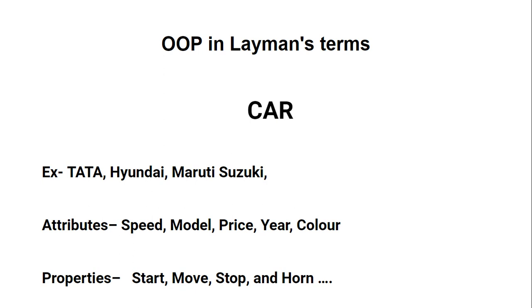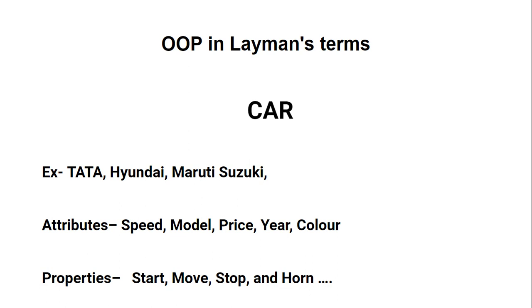The objects are Tata, Hyundai, Maruti Suzuki. And what are the attributes and properties? That means, what are the Tata car object's features? The Tata car object can start, move, stop, and horn. What are the Tata object's attributes? Speed, model, price, year, color. These are the things that we use in the same way in our programming language.